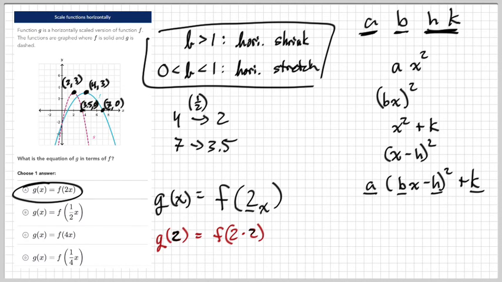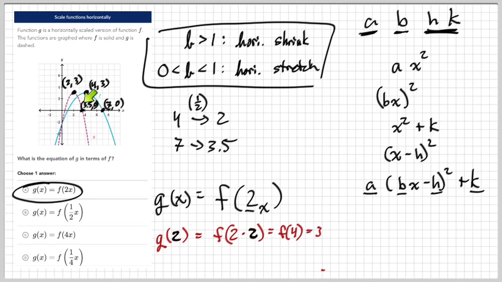And then after I go 2 times 2, what do I get? I get 4. So now I have f of 4. And now if I want to know what f of 4 is, I'm going to go over to my f function, which is this blue line. If I go over to x equals 4, I get 3. Okay, which is exactly what we wanted. We wanted a 3 to prove ourselves right.